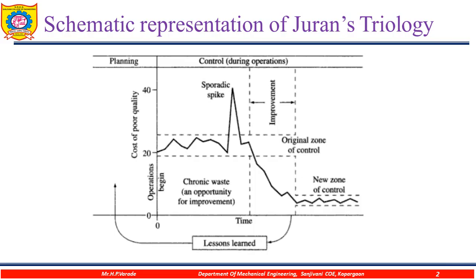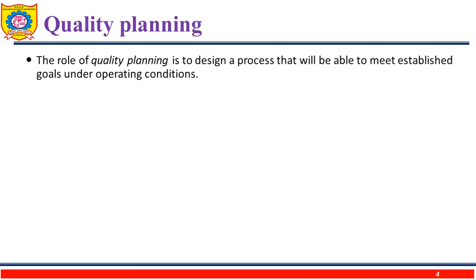So quality planning is the first part in it. From the figure, quality planning, quality control and quality improvement, all these three features are represented in the Juran Trilogy diagram. Let me explain it here.